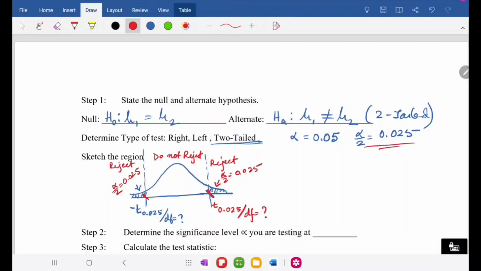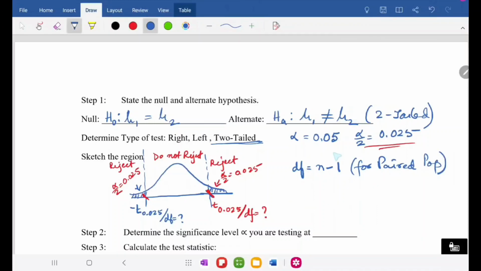But we have to figure out the formula behind the df for paired populations, and I'll just mention it here. If you recall, we discussed this in the PowerPoint lecture video, which you can look up. We said df is equal to n minus 1 for paired differences, for paired populations.